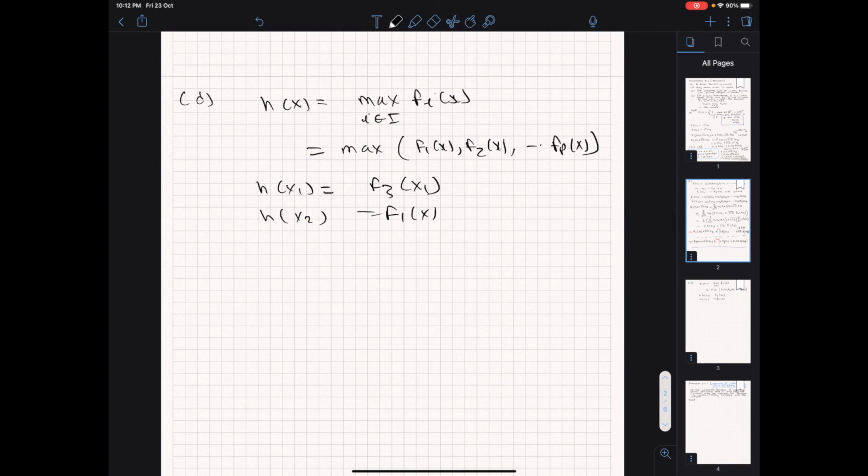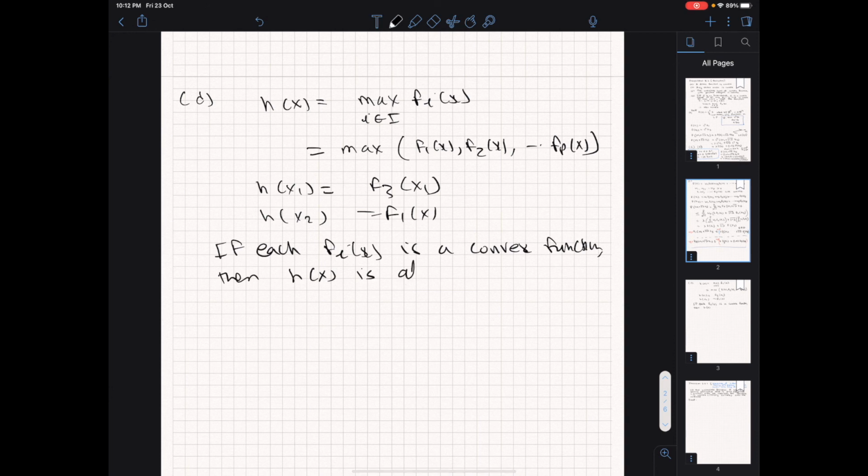And what this theorem is saying is that if each fi of x is a convex function, then this function, which says evaluate the max of all of them, is also convex.